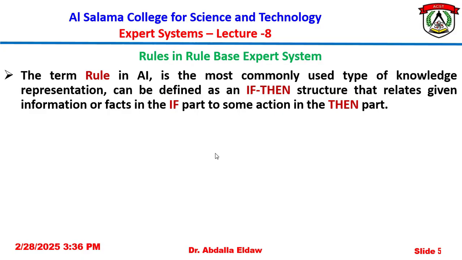As I said, the basic rule in AI or in a rule-based expert system is if-then. And it consists of two parts: the if part, which gives some action in the system, and the then part. If something, there will be an action here, and then in the then part there will be another action.